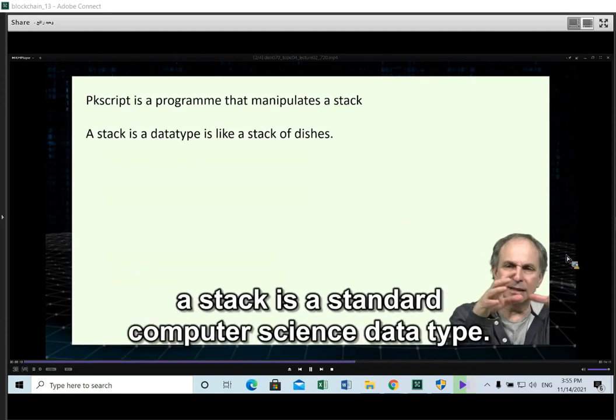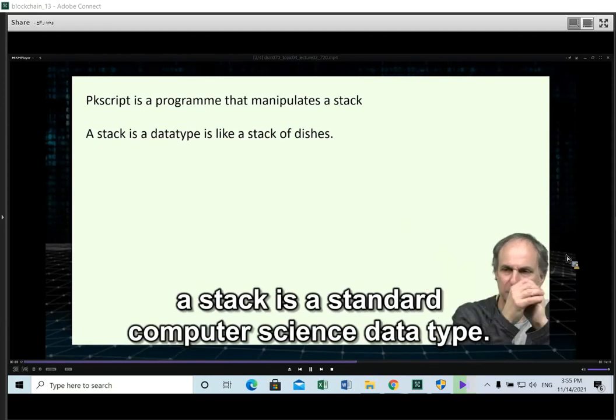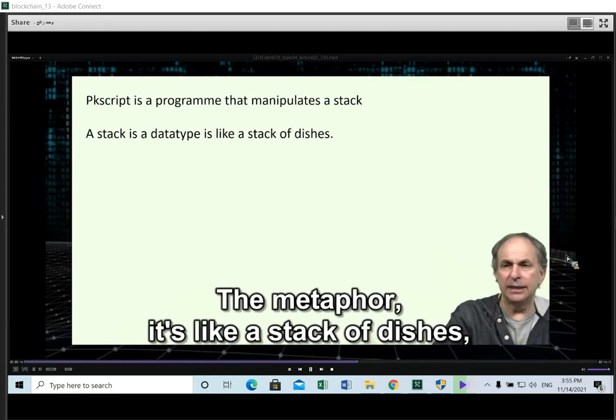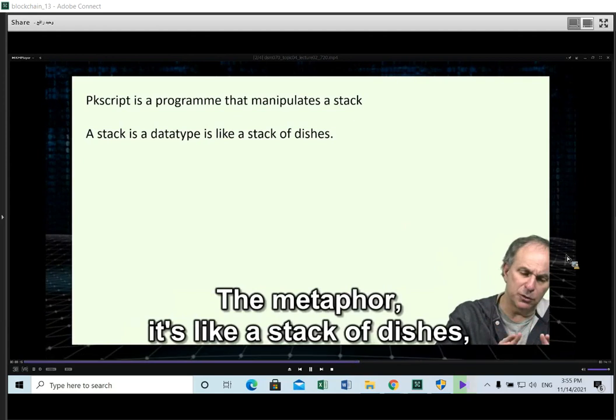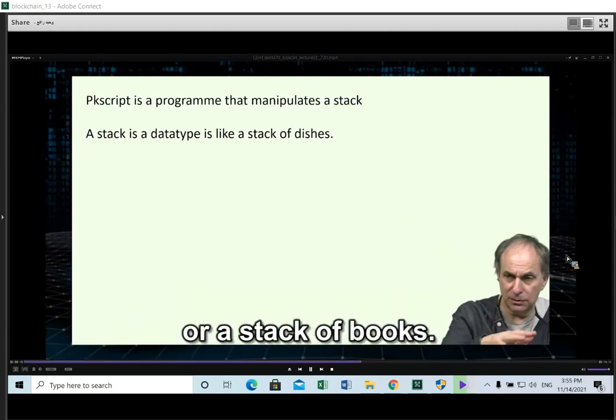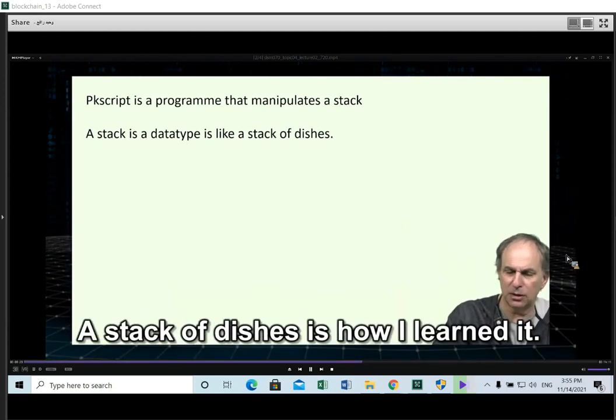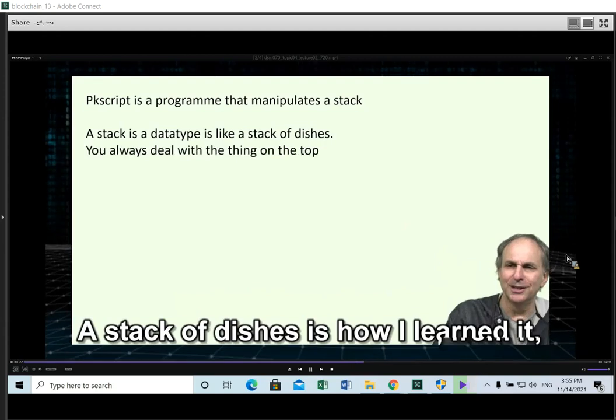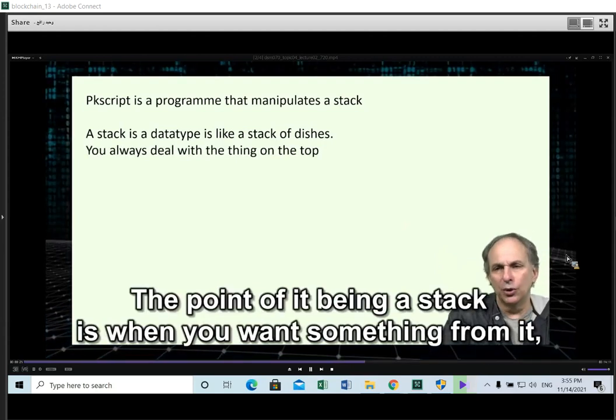And then you've got some standard operations. Push, put something on top of the stack. Pop, take something off the stack. So push and pop are the two main operations. Dupe is an operation we'll be seeing.